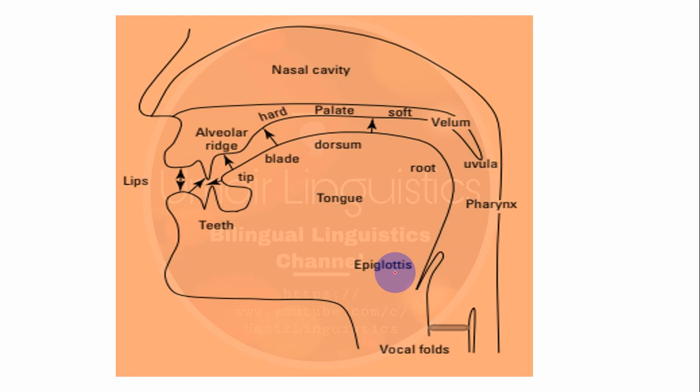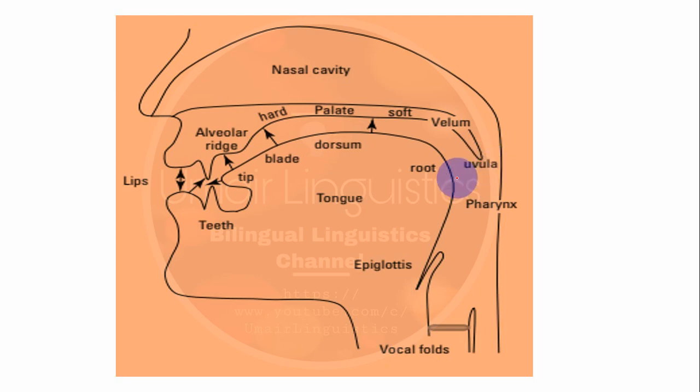So this is the picture I want to show you, and I have taken this picture from a book named Linguistics for Dummies. Here you can see they have also divided the nasal cavity. This is the nasal cavity. What will happen is that this uvula will be lowered.